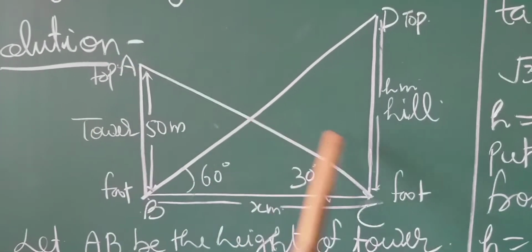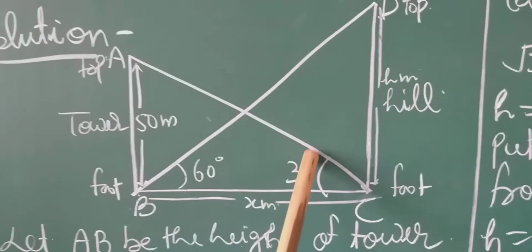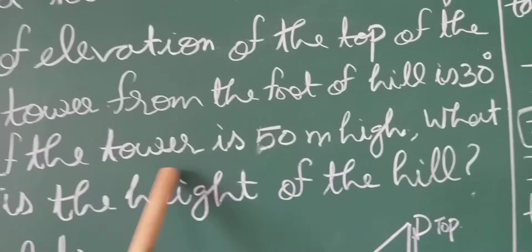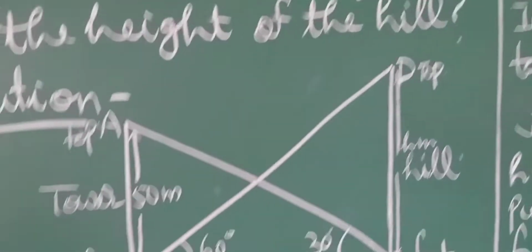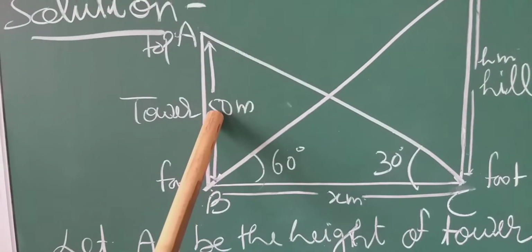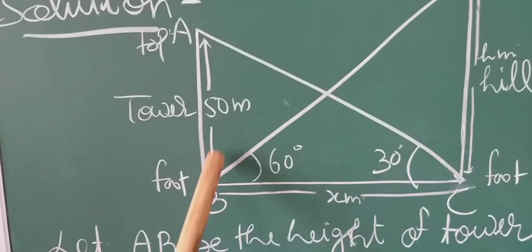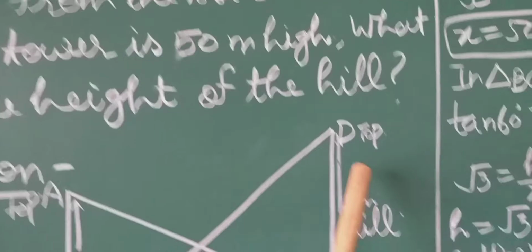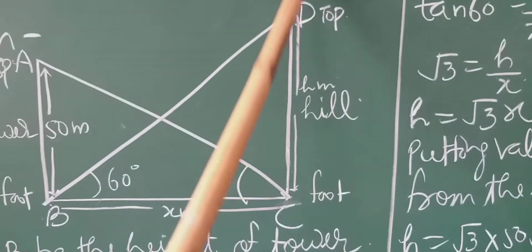Angle ACB equals 30 degrees, it is also given to us. If the tower is 50 meters high, AB is the tower, so I have written here 50 meters, its height. What is the height of the hill? We have to find the height of the hill.